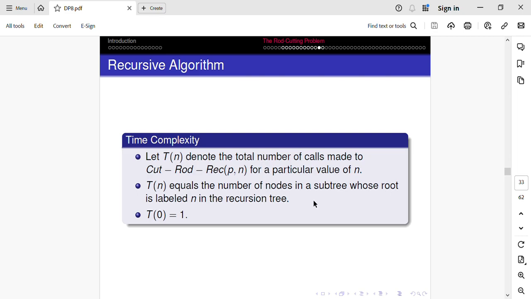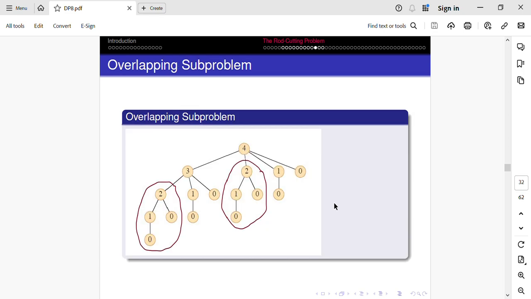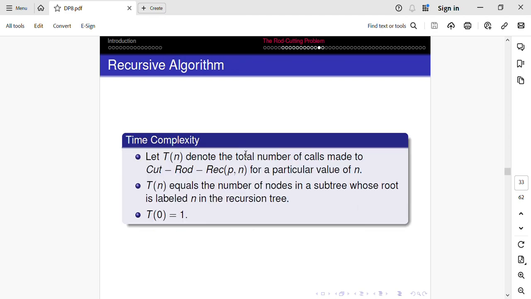So now we'll go for the time complexity of the recursive algorithm. Let Tn denote the total number of calls made to cut rod, the recursive function, for a particular value of n. Then Tn equals the number of nodes in a subtree whose root is labeled n in the recursion tree. So for 0 there is just one call, there is no more extra call, so T0 is 1.